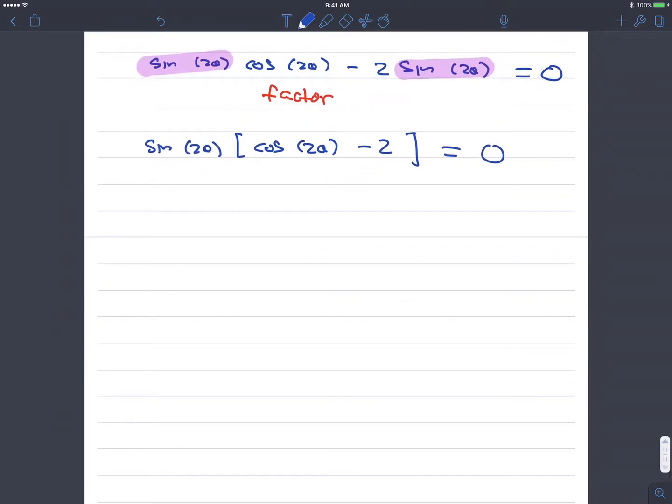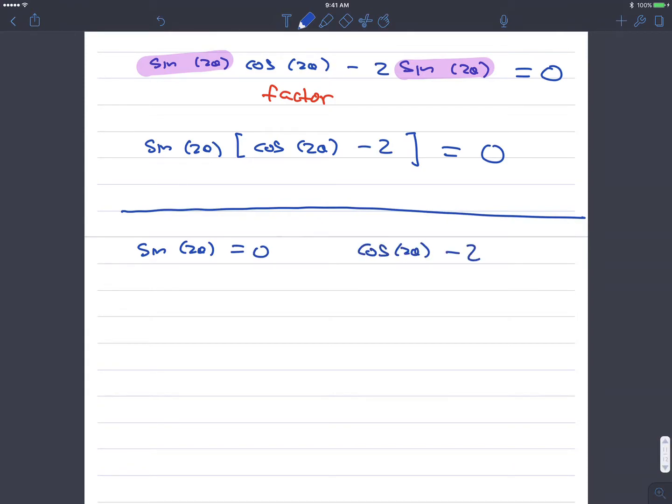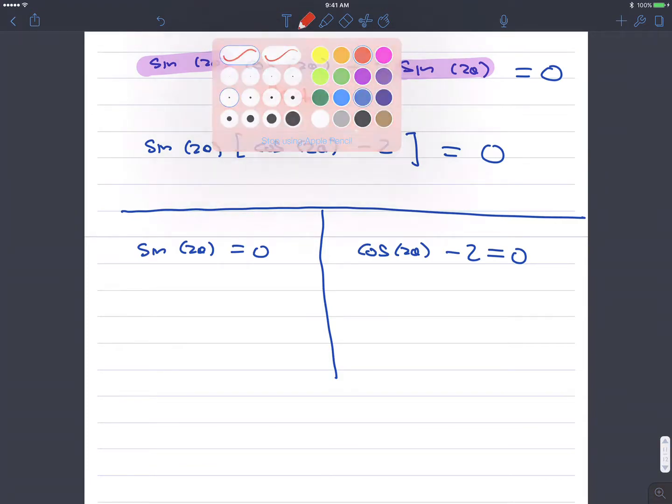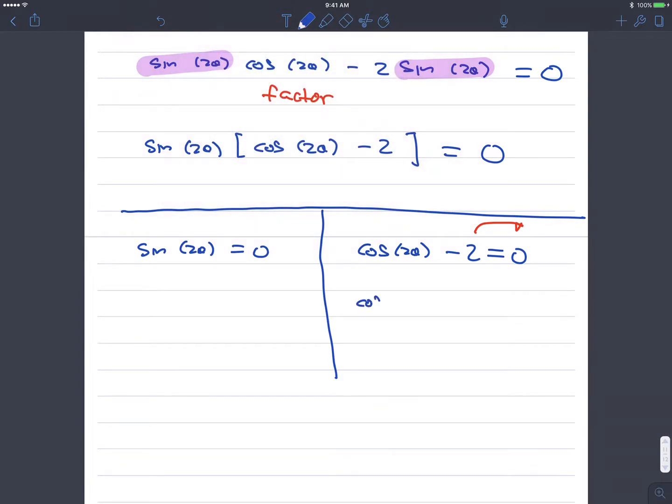And so now algebraically, you get to use the zero product rule. Remember this? We know sine 2 theta is 0. We also know cosine 2 theta minus 2 is 0. Okay? This is already solved. The sine 2 theta equals 0 is already solved. The cosine, though, is not. So we're going to have to add 2 to both sides, maybe, or translate.